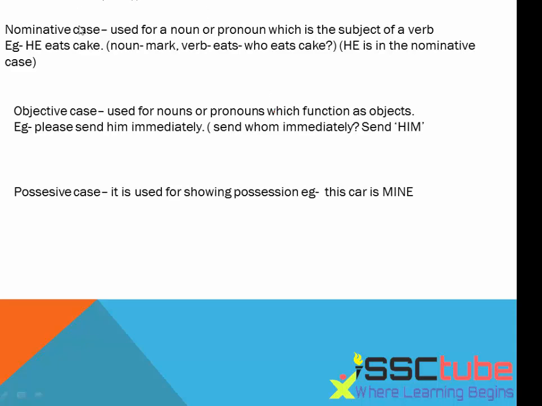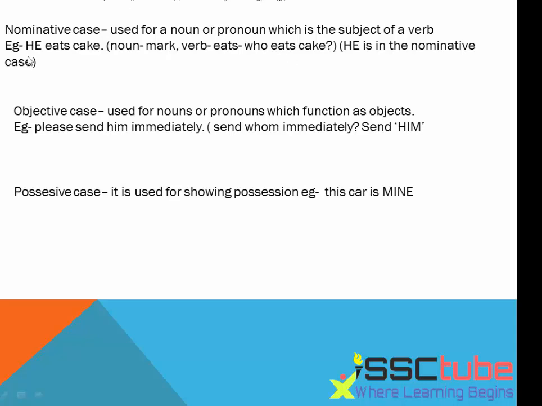See, what is the nominative case? The nominative case is used for a noun or pronoun which is the subject of a verb. This is a pronoun, he is a pronoun. The verb is eats. Eats what? Cake. So the pronoun is he, the verb is eats, and who eats cake?